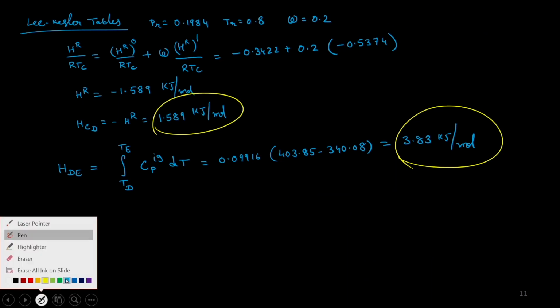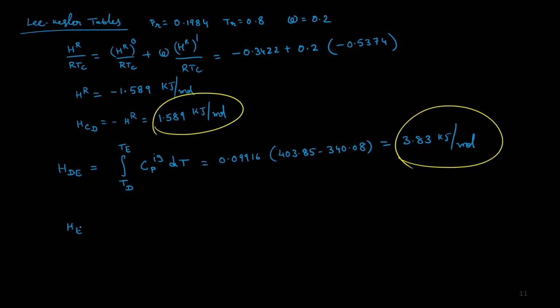If you recall the definition for residual property, HE to F is HF minus HE. So this is H for the vapor at 403.85 Kelvin and 22.776 bar minus H for the ideal gas at exactly the same condition.